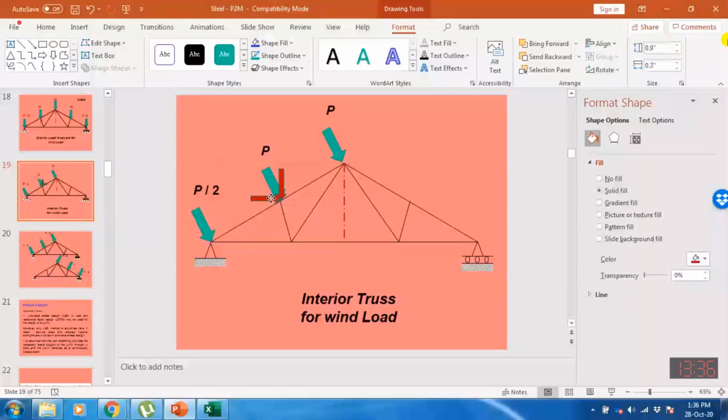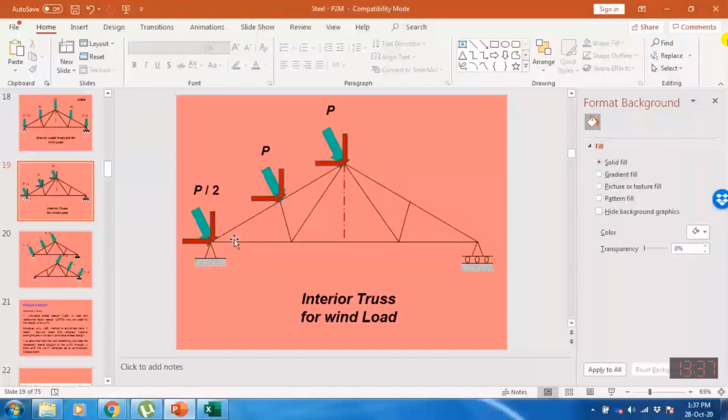This component will be computed by considering this load as one, and similarly you can consider two components over here. You can replace the green load by two components, because if you know the inclination of this, then this inclination and this inclination will be the same, so you can convert this load into two components.